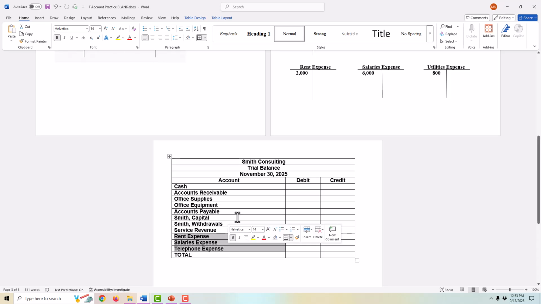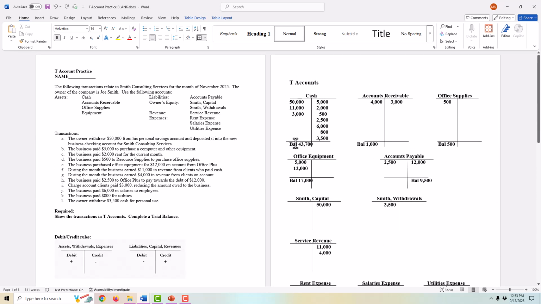And that's already filled in for you. I put this filled in on the blank worksheet to save you some time. And then over in the debit and credit columns, you're going to want to put your ending balance from each account. And just make sure you're putting it on the correct side as far as whether it's a debit or a credit balance.